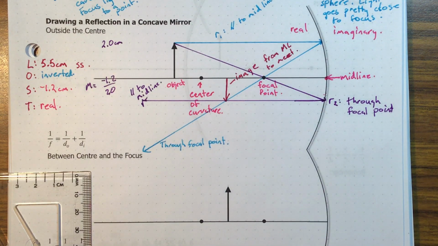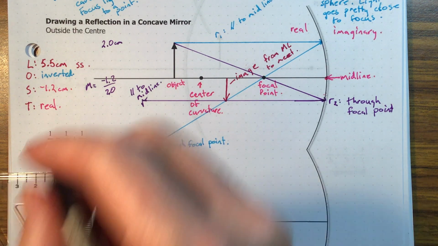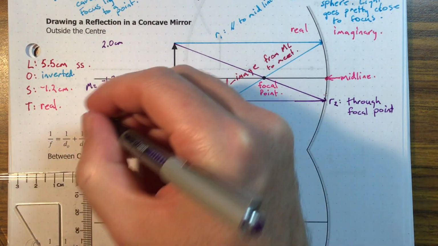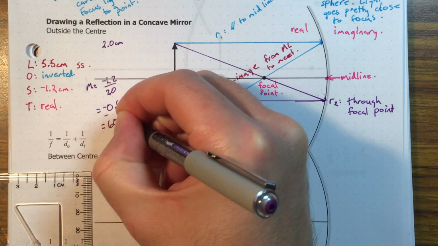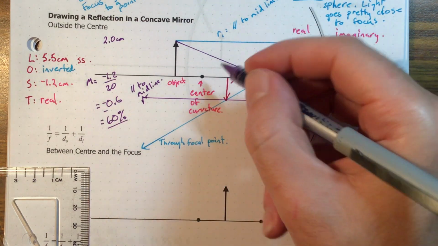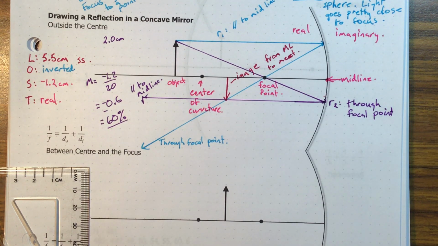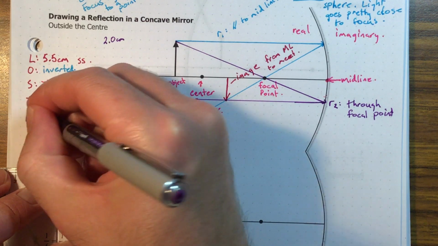And we just pull out a calculator. Yeah, that's right. 1.2 divided by 2 is 0.6, negative 0.6. Now the negative means that it's been inverted, so this would be a 60% image. 60% magnification, right? The image is 60% the size of the original. So we could write our magnification as 60%.